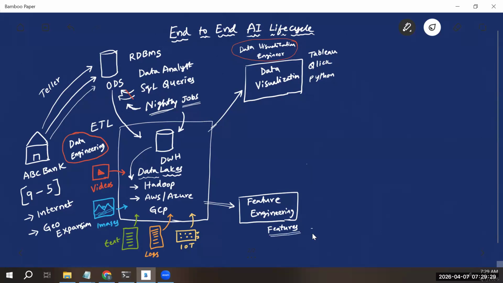Understood? The features are the ones used in the AI models. They are not raw data. You transform the data into a much more meaningful, more condensed manner so that the information can be used by your models.